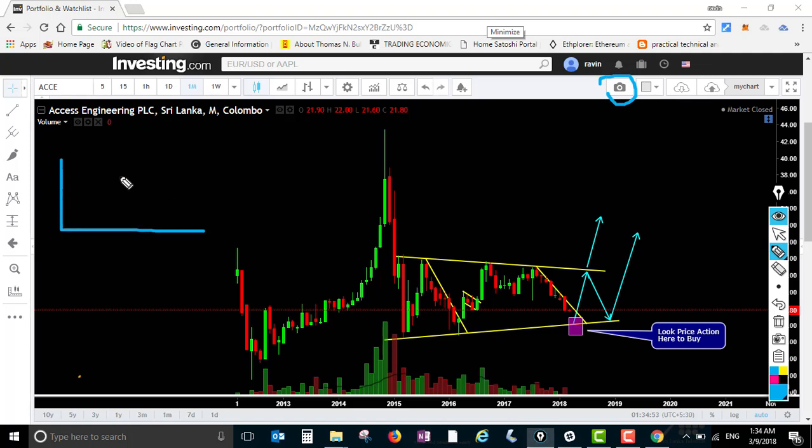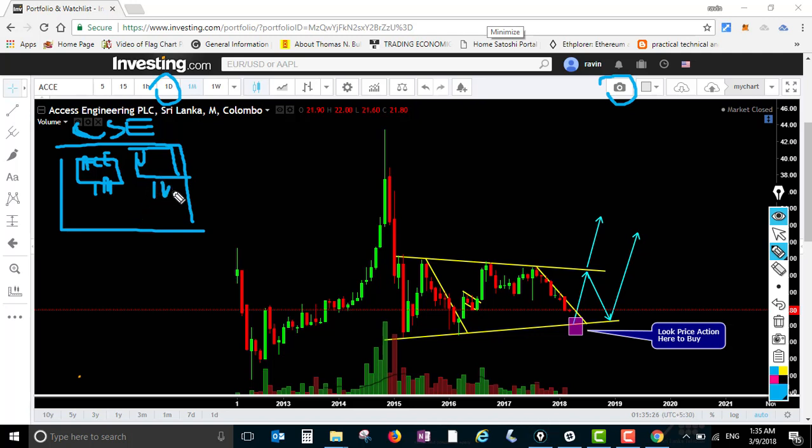Keep a particular folder, let's say CSE. Within that folder, Access, ACE, 1 month. Then go to 1 day. Take a screenshot, draw the patterns which you have not seen in the 1 month chart, and take a screenshot. Keep it.